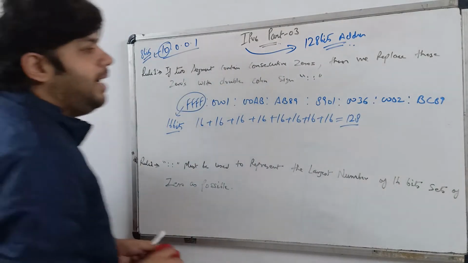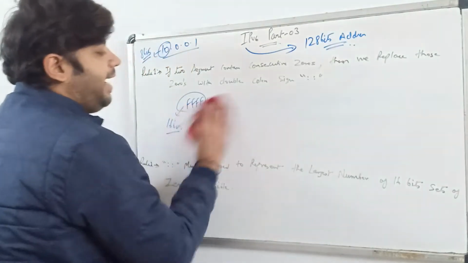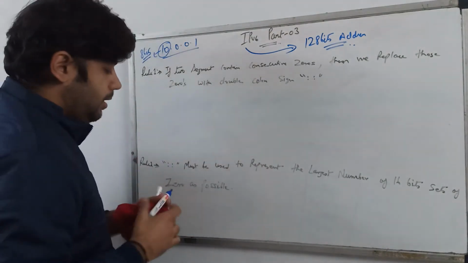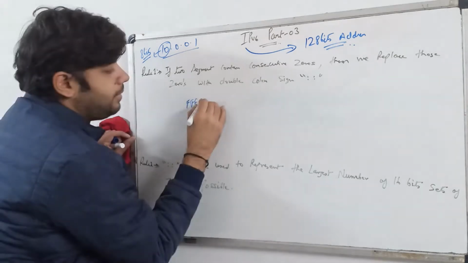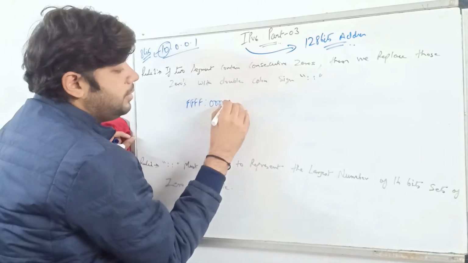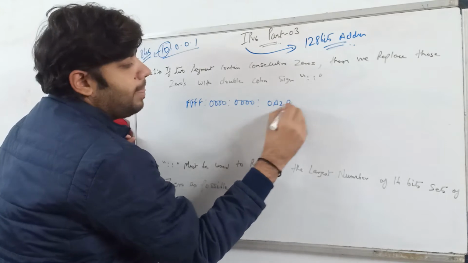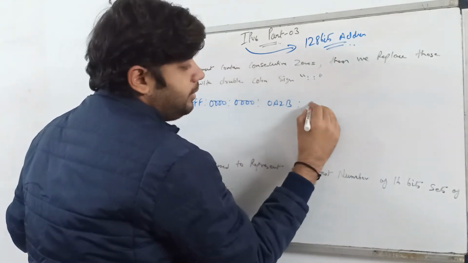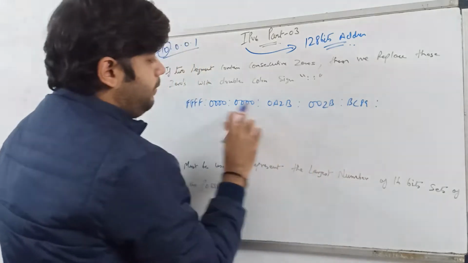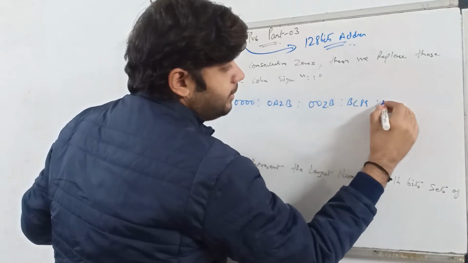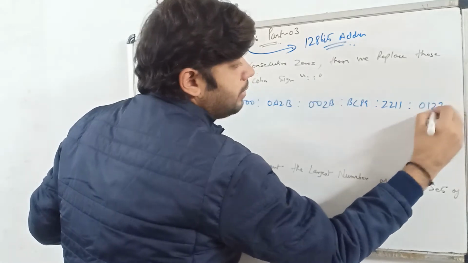Imagine we have F as the first segment, and then we have 0000, then 0000, then 0A2B as the fourth, then 002B, then BC89, 123456, then 2211, and then 0123, like this.